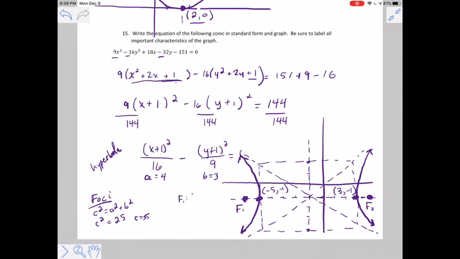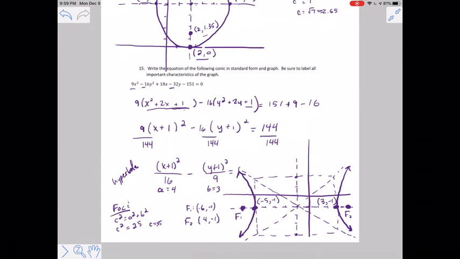So the location of focus 1 would be -6, -1, and the location of the second focus would be 4, -1. Let's clean this up here. There we go. So this is the equation. There it is in standard form. And then there's your graph. Okay.